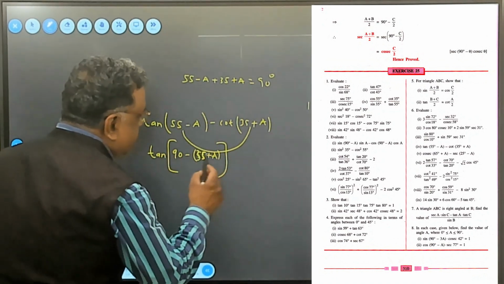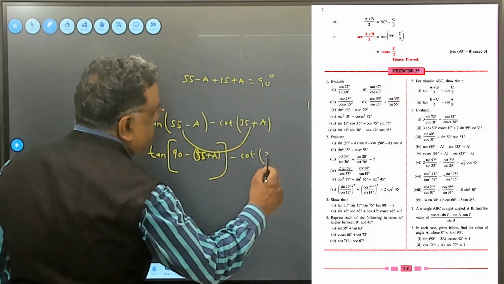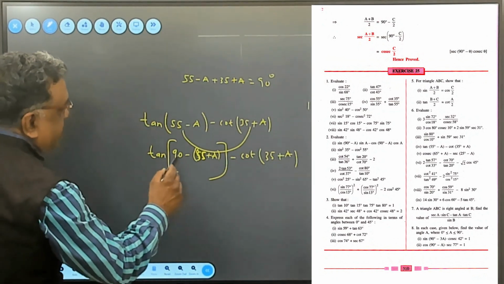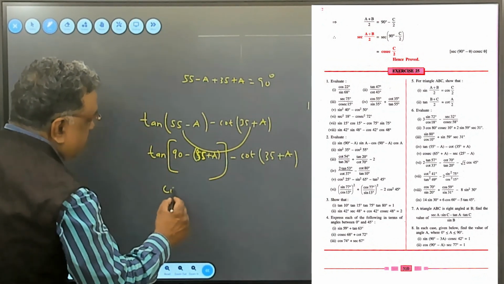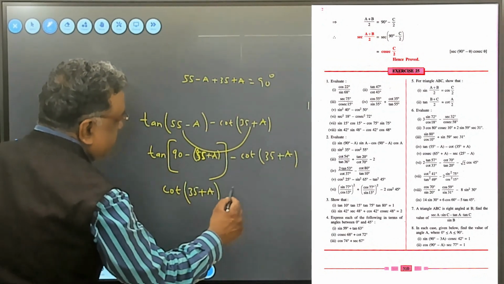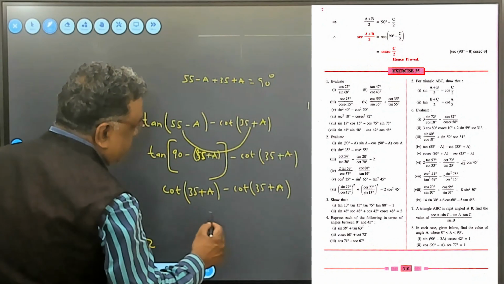Yes or no? And here I can write it as 35 plus A. So tan of 90 minus theta is what? Cot theta only. So this will become cot of (35 plus A) minus cot of (35 plus A). So that will become 0. The answer is 0.